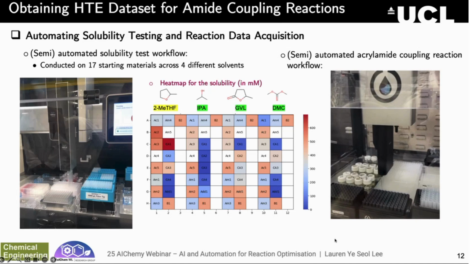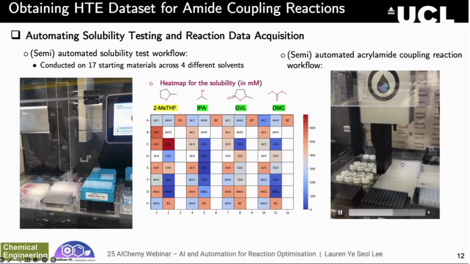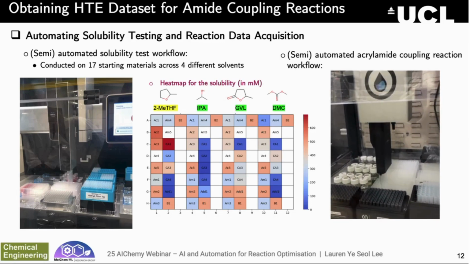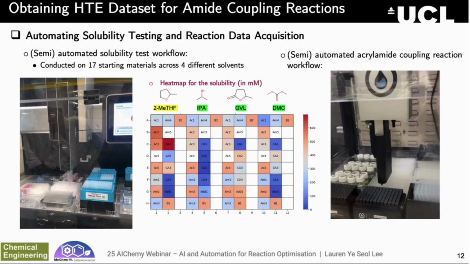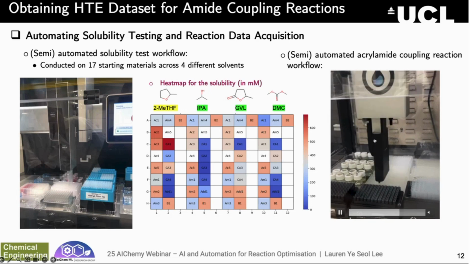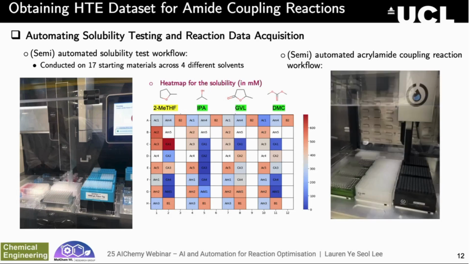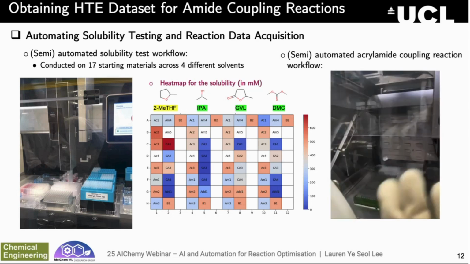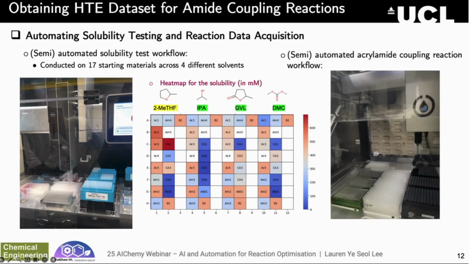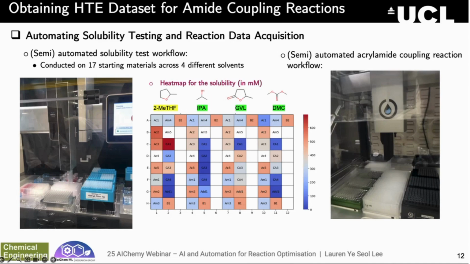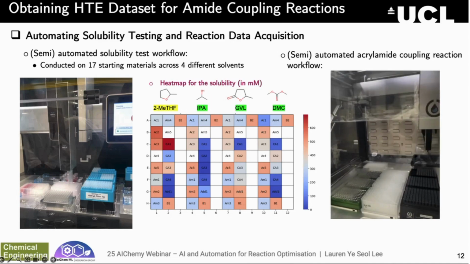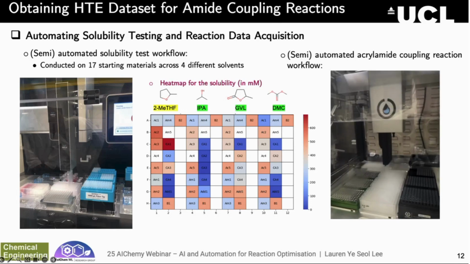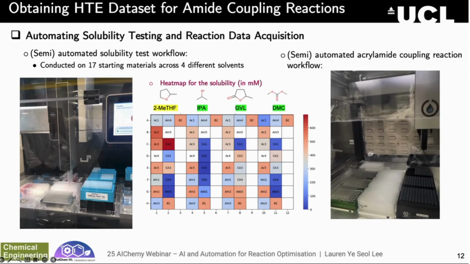And for amide synthesis, although, like I said before, I'm not presenting detailed data here today, our preliminary results show a wide diversity in reaction outcomes, and these early findings emphasize the importance of optimizing reaction conditions to achieve the right balance between yield, scalability, and reproducibility. So this workflow gives us consistent solubility and reaction data sets, and these data sets are what ultimately support the optimization and modeling work that I'll show next.